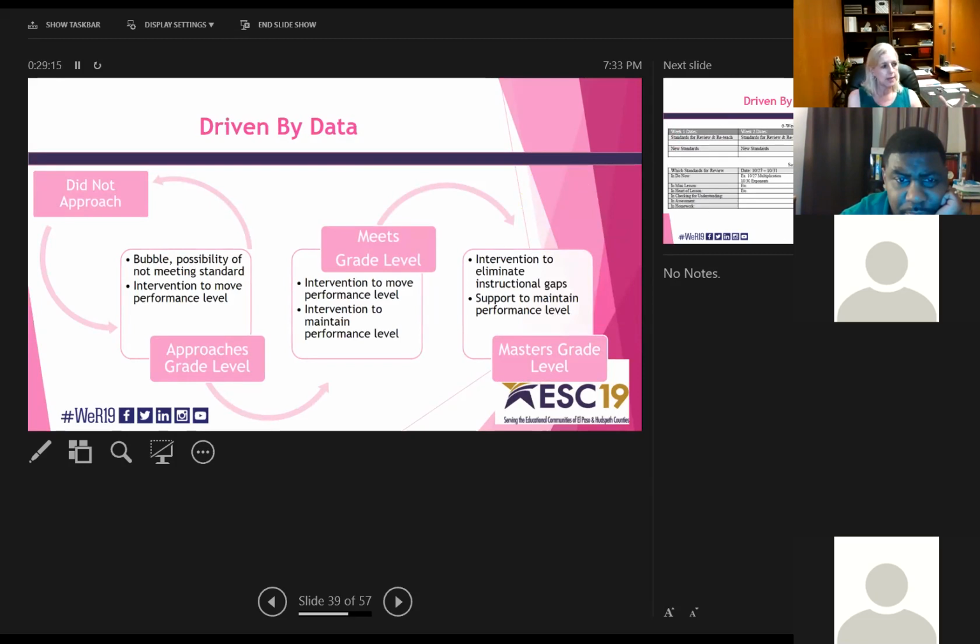So the whole idea behind this is let's assume that on the LEAP test, there's 5 levels. So you've got lots of students who are at levels 1 and 2. Those are students who did not meet mastery, let's say. So what am I going to do for those students? Well, I've got to dig a little bit deeper. I've got to look at my students who did really, really badly.